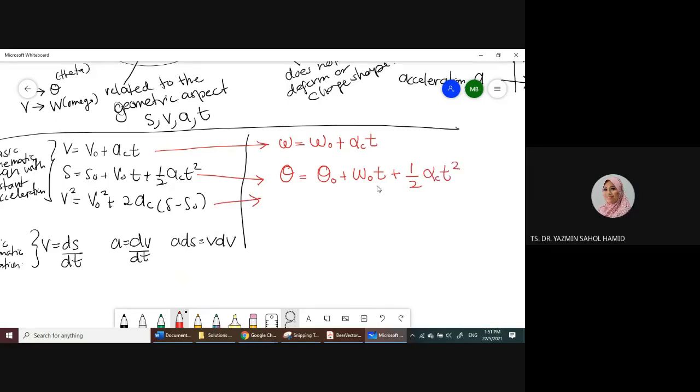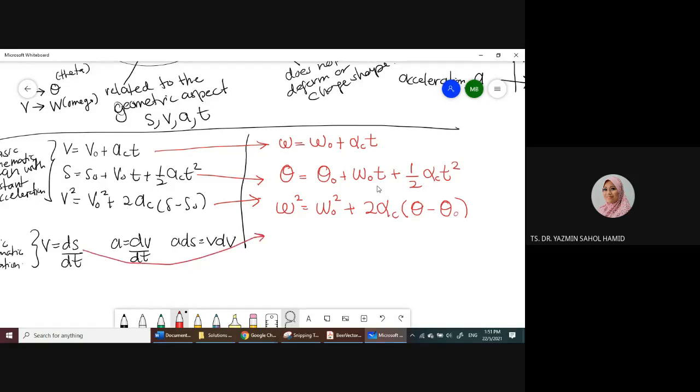This one becomes omega squared equals to omega naught squared plus 2 alpha times theta minus theta naught. Okay. Same as this one too.